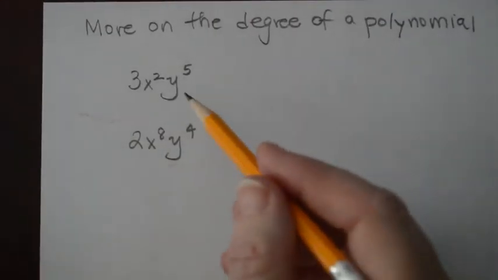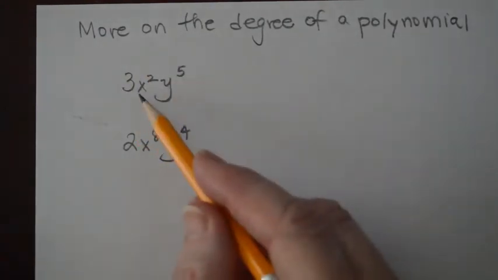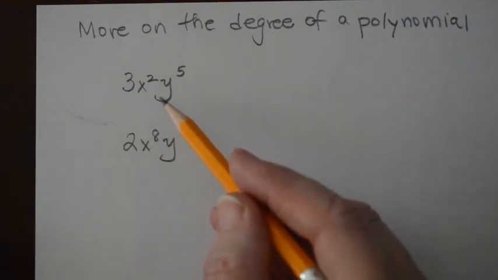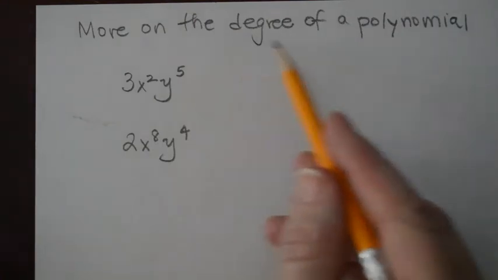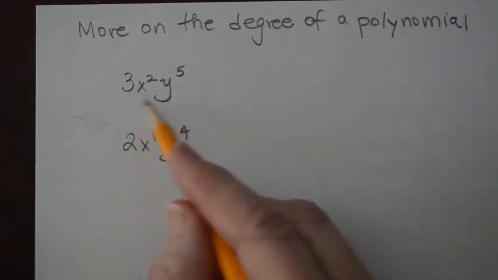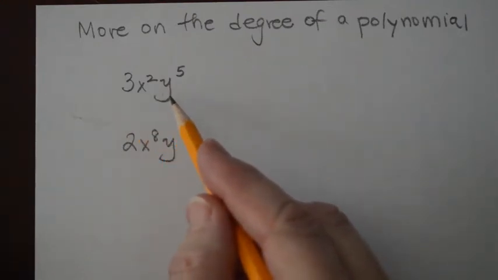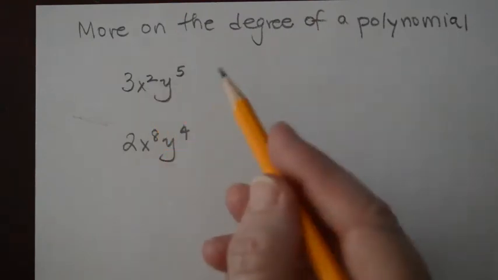So at this point, we're just going to talk about the degree of a polynomial that has multiple variables, just so that you understand, even to a deeper degree, what, no pun intended, what degree means. So if you have two variables here, like let's say we have 3x squared y to the fifth, there are two different variables with two different exponents.